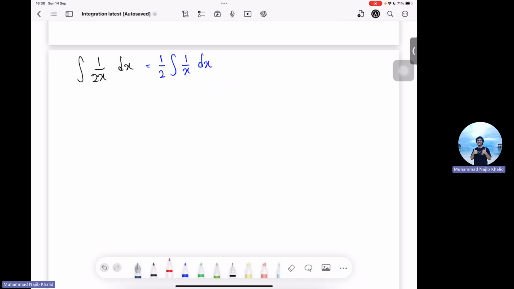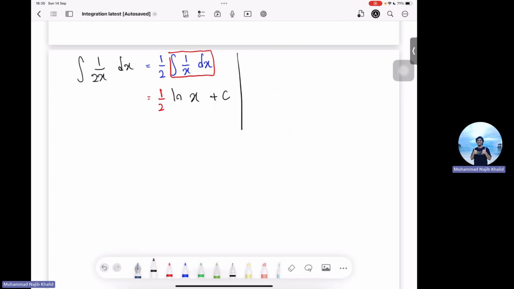So here we have 1 over x, so we have the answer equal to 1 over 2 times ln x, then just put plus c. Done. Simple, clear, direct.